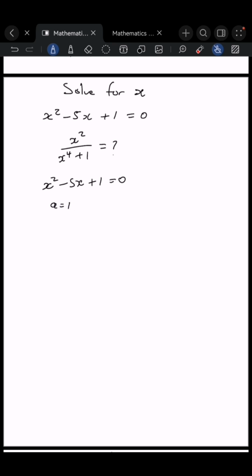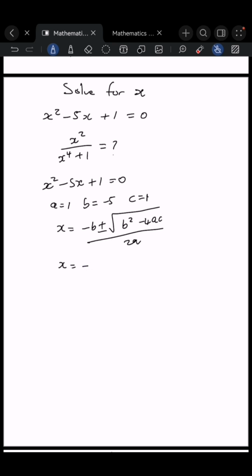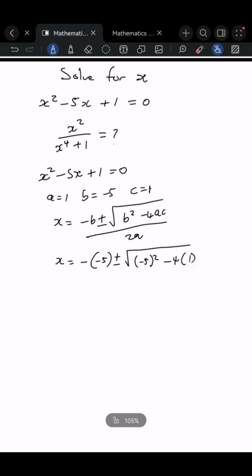For a equals 1, b equals minus 5, and c equals 1, x is equal to minus b plus or minus the square root of b squared minus 4ac, all divided by 2a. Therefore x is minus b, minus 5, plus or minus the square root of minus 5 squared minus 4ac, all divided by 2a.